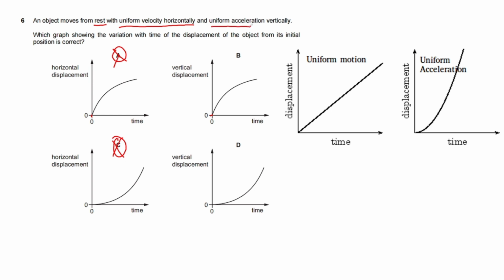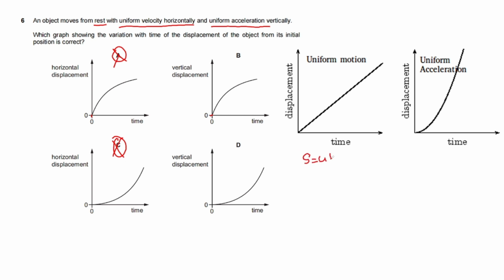So let's consider the next option, uniform acceleration vertically. So here B and D options are showing the vertical displacement. How the vertical displacement will be varying for a uniform acceleration? It would be like a curve. So it would be curved upwards. The reason is that in the case of uniform acceleration, obviously the equation of motion will be obeyed, right?